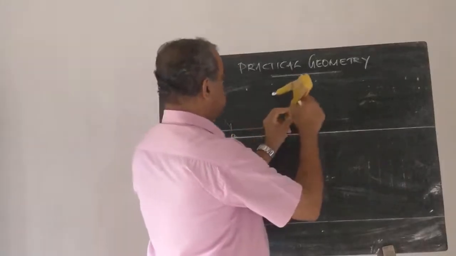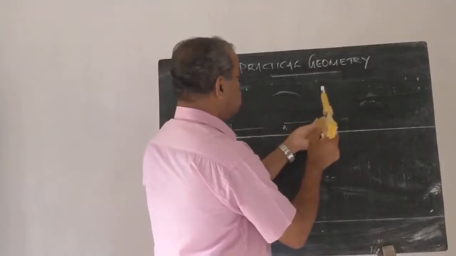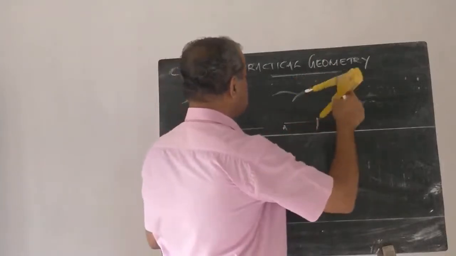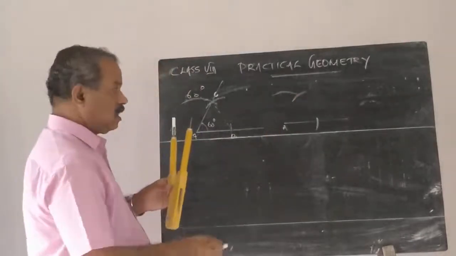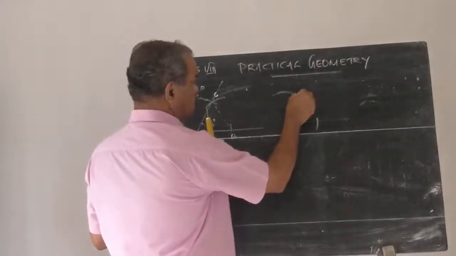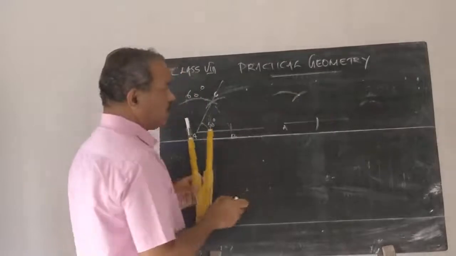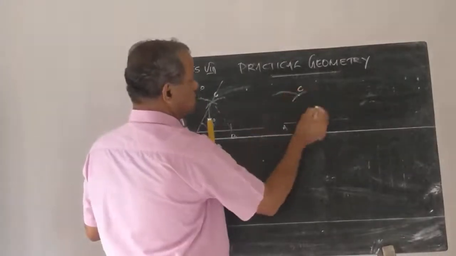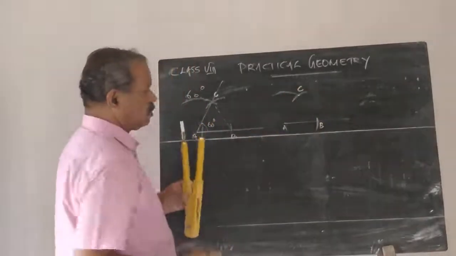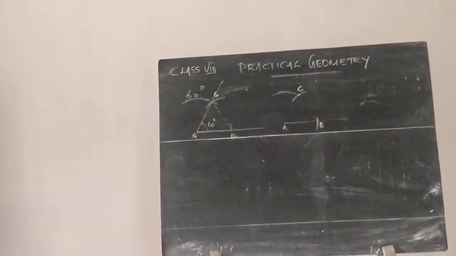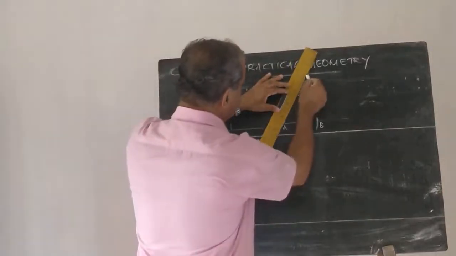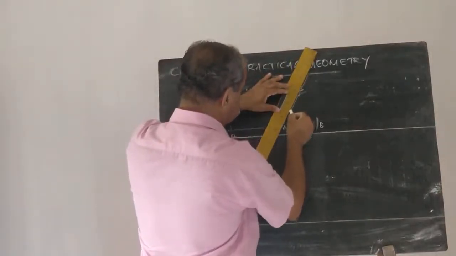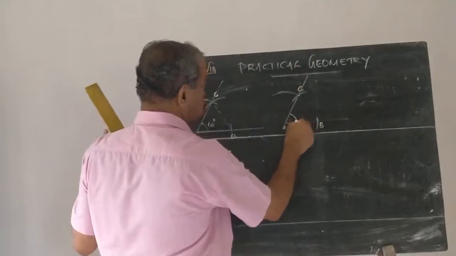Draw the same arc on the plane, and with the second point draw an arc in the plane so that the last arc cuts the second one. Through this point, join. Let this point be C. Draw a line through AC. This angle is 60 degrees.